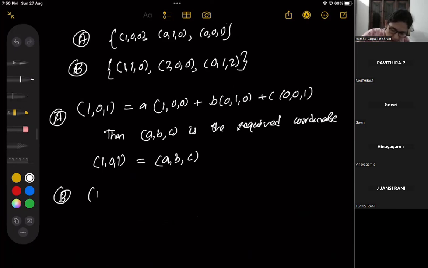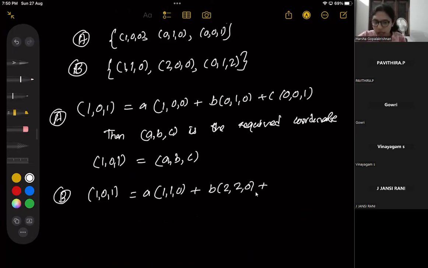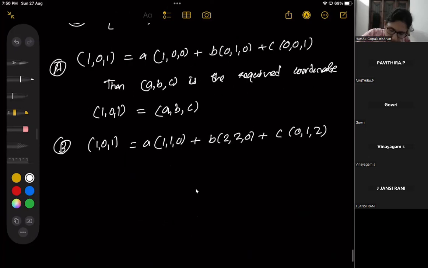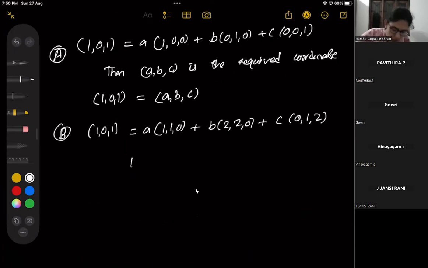Again here we will write A into 1, 1, 0 plus B into 2, 0, 0 plus C into 0, 1, 2. Just by looking at this we cannot say, so let us solve these three equations.